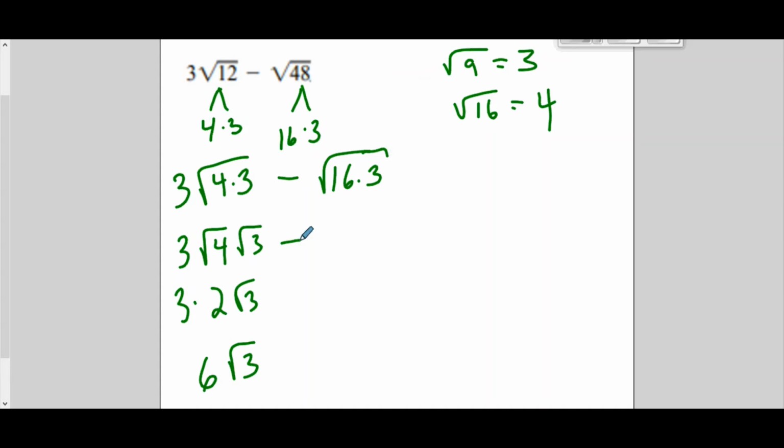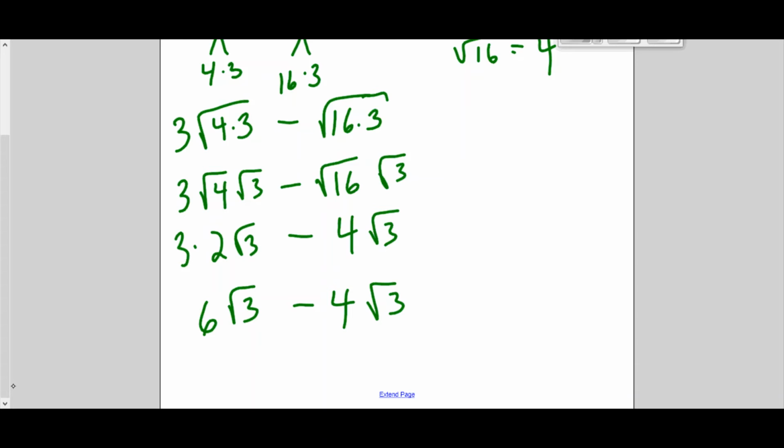Apply that product property, so square root of 16, square root of 3. Square root of 16 is 4, and then we have square root of 3. So we'll just write this down here. So I have 6 square root of 3 minus 4 square root of 3.